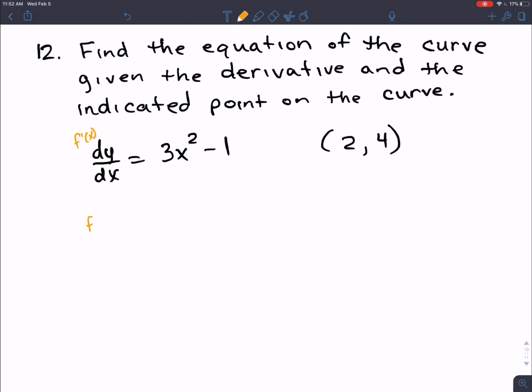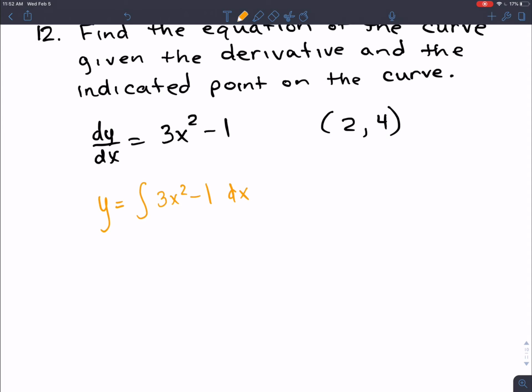So if I want my original function f of x, or I can just say y equals because that's equivalent, I'm looking for y, and the way I get y is to take the integral of 3x squared minus 1 dx. So we use integration to get to the original function.